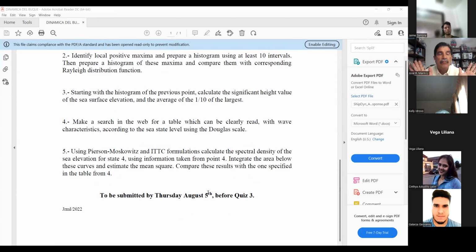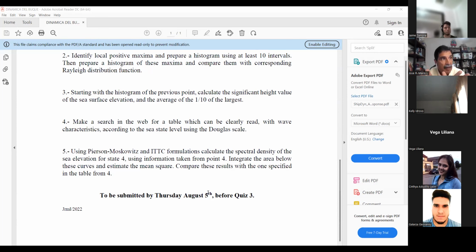So you search, find a table, look for sea state 4. That will give you, in the case of the Pearson-Moskowitz, the wind velocity. In the case of the ITTC formulations, you need the significant height and mean frequency of zero up crossing. With those 3 parameters, you can develop these functions.